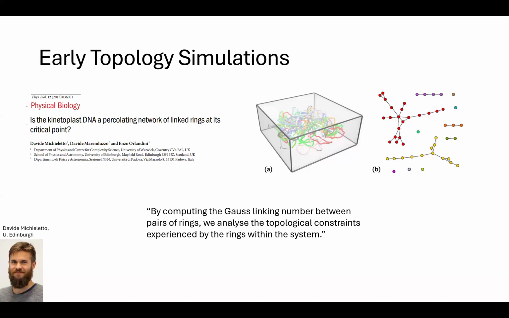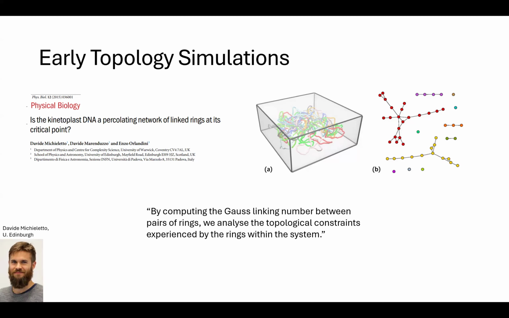Yeah, so he did this simulation where he had 50 ring polymers in a box, and they were allowed to pass through each other to form different link structures. And then he fixed the topology and used the Gauss linking number to compute the linking network structure. And you can see some of the things that form.